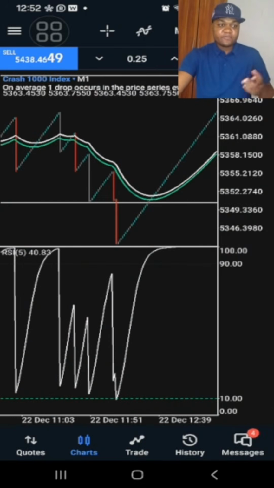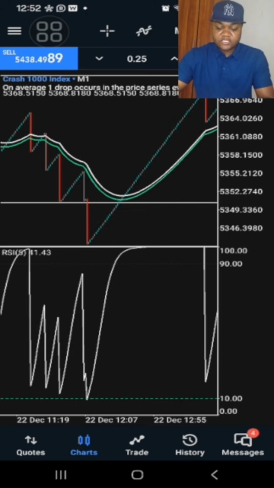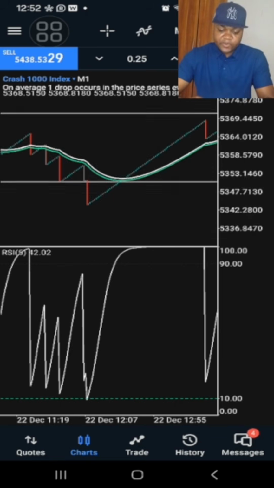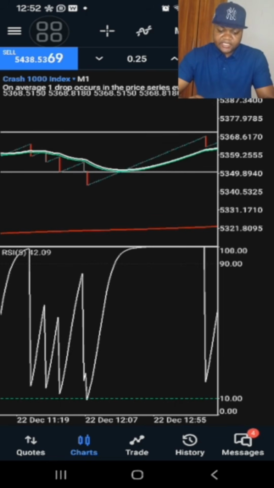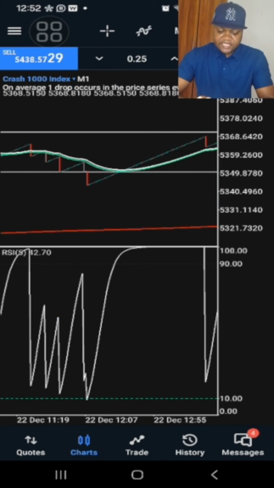First of all, I'm going to talk about the conditions, how we can buy and how we can sell using this particular strategy. We have the following indicators. One, we have a trend filter, which is this red line.